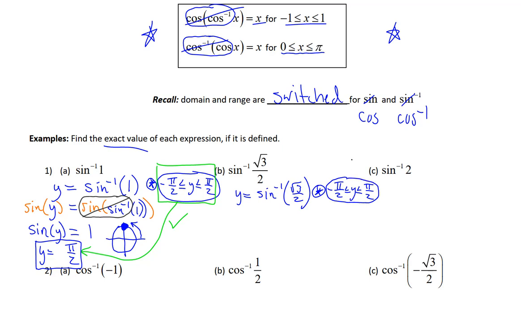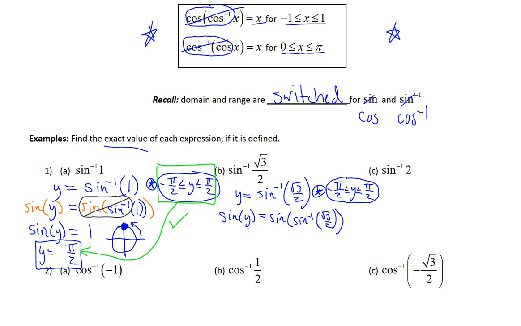We'll see why those restrictions matter eventually, but we're noting it here just to get in the habit of it and help us memorize that. We have y equals the sine inverse of root 3 over 2. Just like we did before, we're going to take the sine of both sides. So the sine of the left side, which was just y, equals the sine of the right side, which was the sine inverse of root 3 over 2.